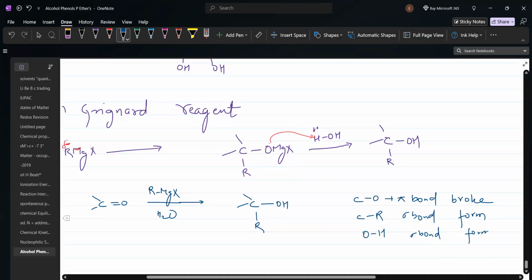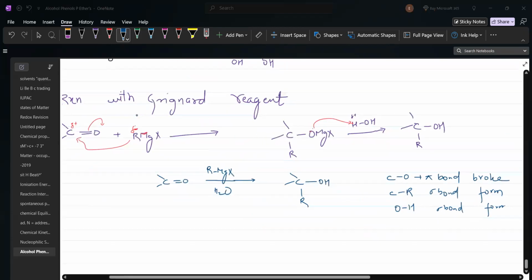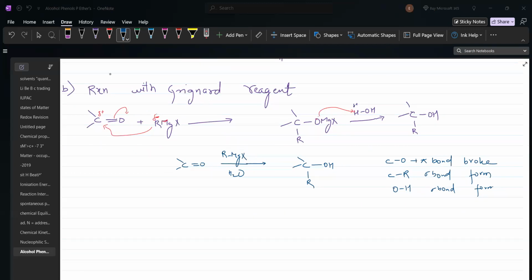Understood everyone? Yes, sir. So this is the way to form alcohol through Grignard reagent.